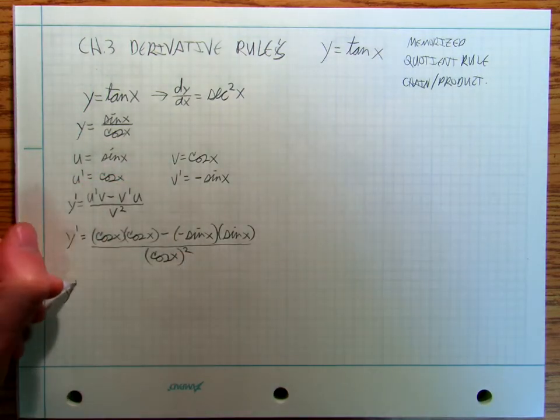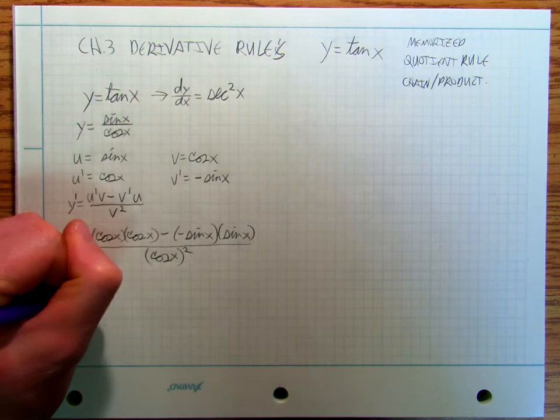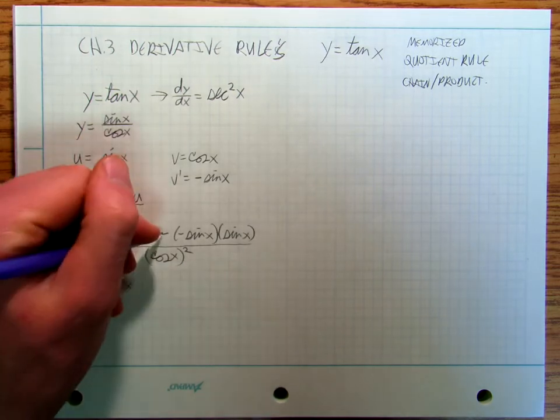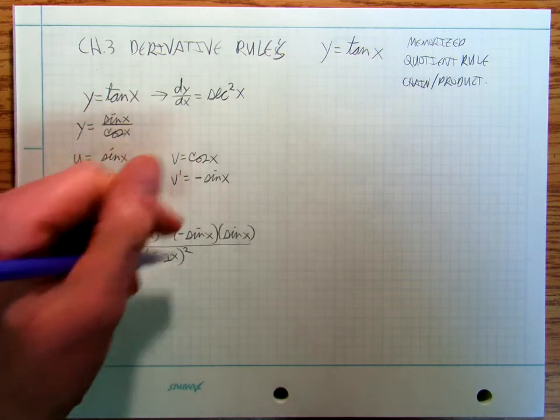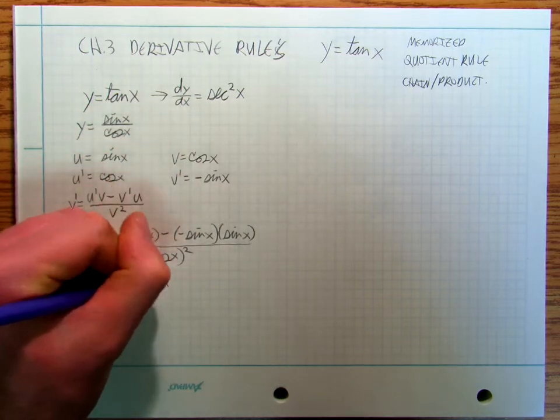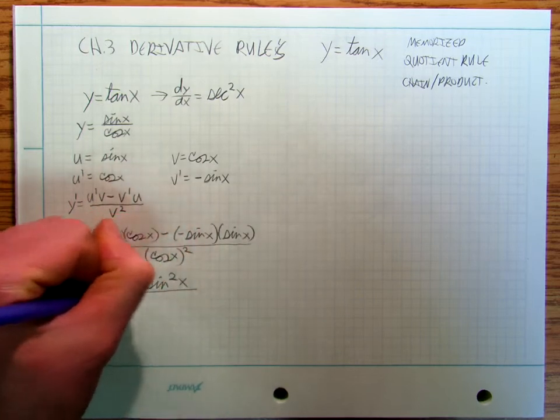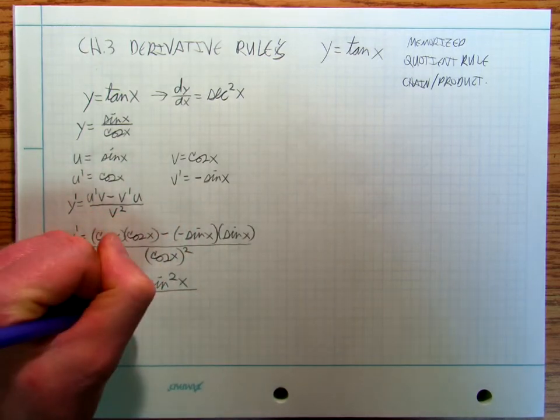So I'm going to get y prime equals cosine squared x minus, so that's plus sine squared x, all over cosine squared x.